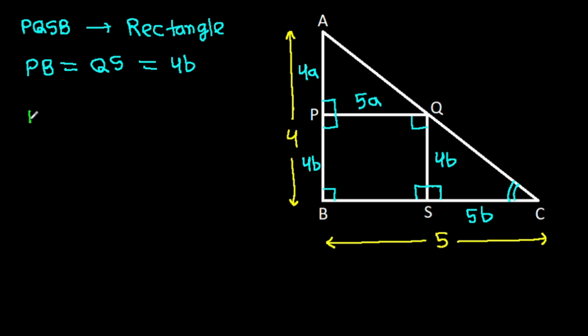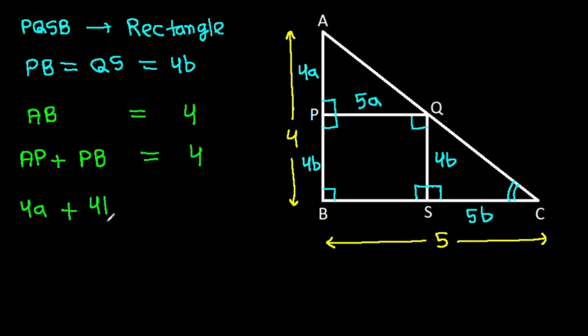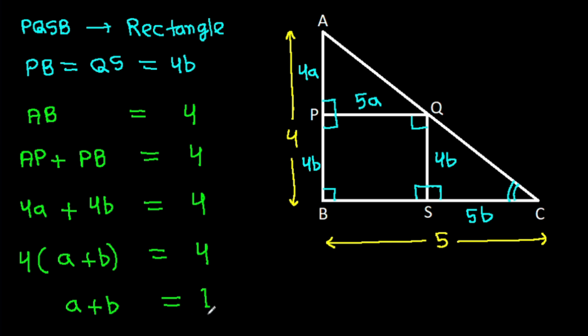And now we have AB is 4, and AB is AP plus PB, so 4A plus 4B is 4, and it is 4 times A plus B is 4. So A plus B will be 1.